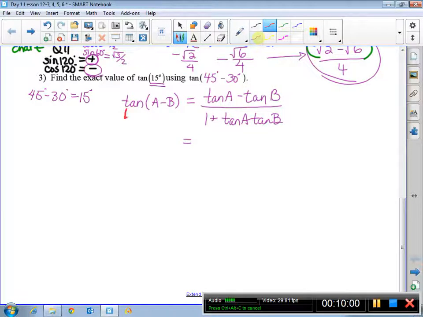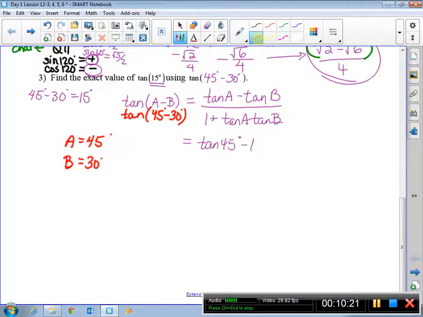We are doing the tangent of 45 minus 30, so angle A is 45 and angle B is 30 degrees. So we have the tangent of 45 degrees minus the tangent of 30 degrees, all over 1 plus, and down here we're going to multiply the tangent of 45 times the tangent of 30.